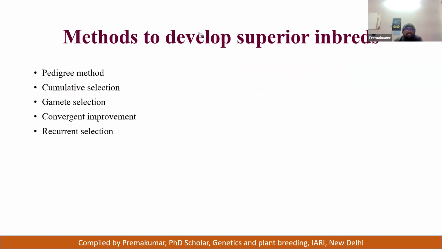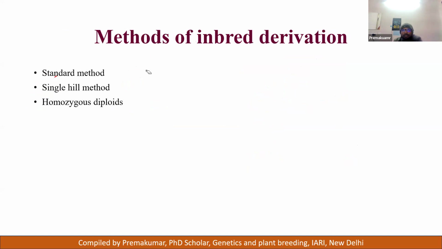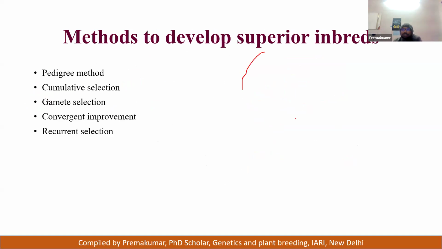Then there are other methods, these are from the original population. When you develop an inbred from the source population, but we already have inbreds, due to admixture or due to time there may be contamination in that inbred that makes it lower performing. For example, you develop an inbred for some trait, but over time it may become susceptible to some new diseases.